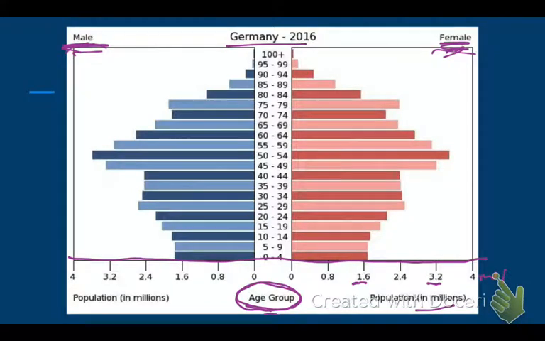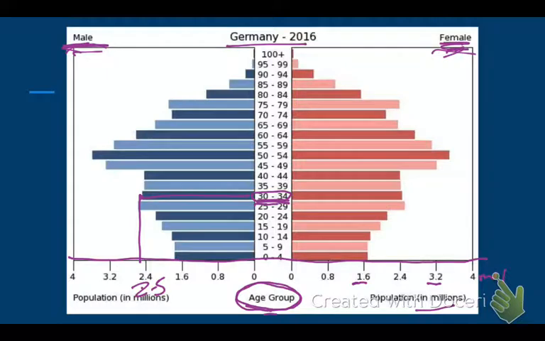Well, you'd come to the man side where you see the age range 30 to 34. And so you would just follow this line out, and I'd go down, and I'd say there's about, we'll just say about 2.5 million men lived in Germany in 2016 that were between the ages of 30 and 34.